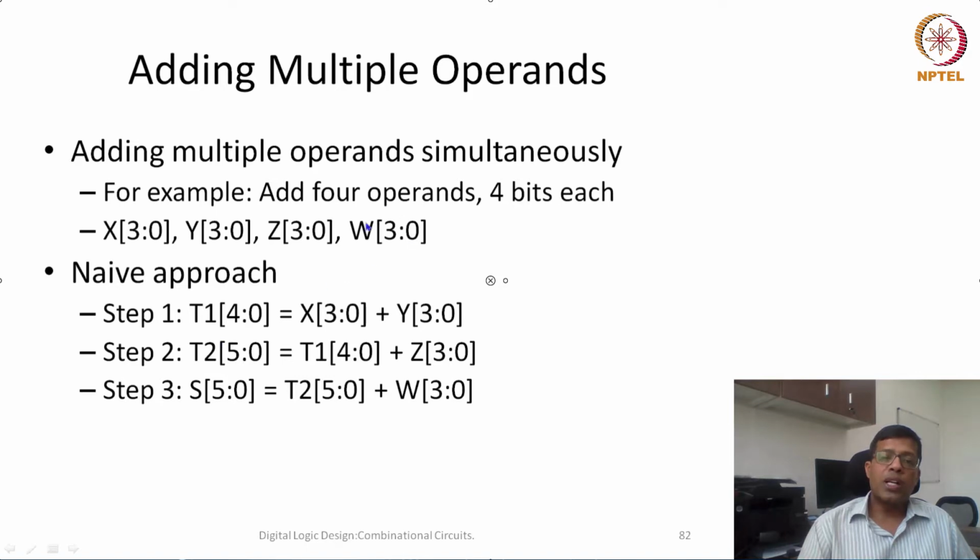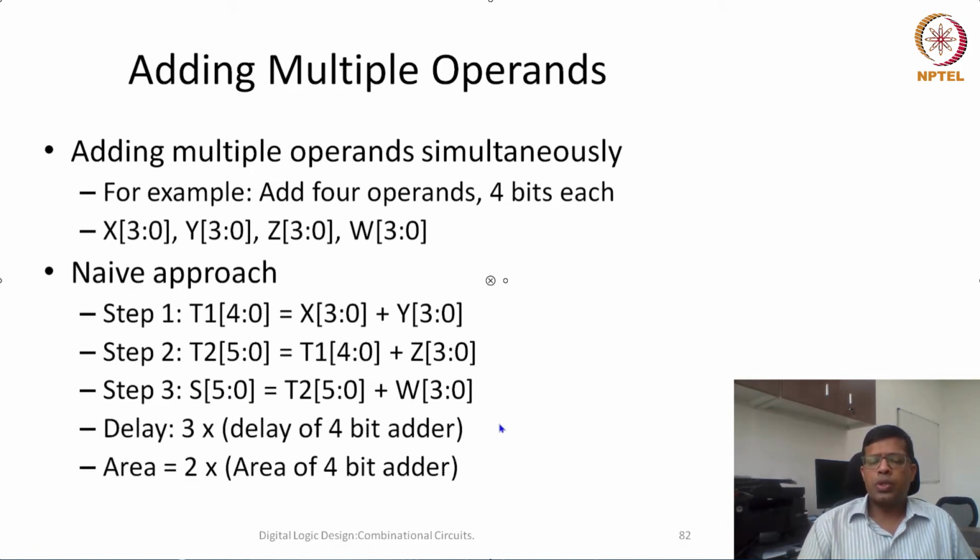Now we still have to add W, so W is added to T2, and I'm still writing my sum as a 6-bit number. So essentially, if this is the method, the overall delay would be determined by the adders I require. It's not actually a 4-bit adder, it's a 6-bit adder.